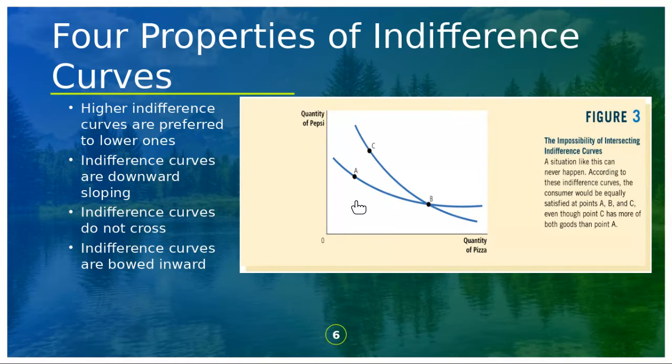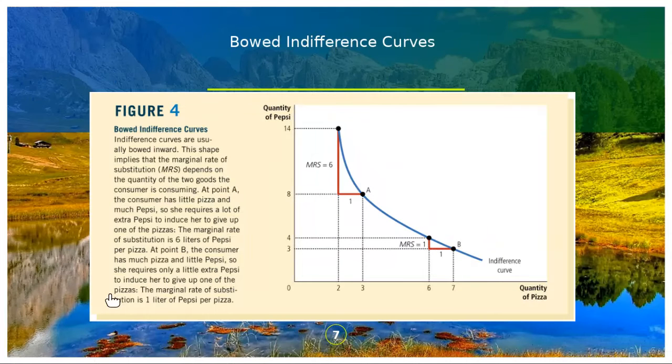The final aspect of this is that indifference curves are bowed inward, and that's a result of the marginal rate of substitution. And so as you'll see on the next slide, the bowed indifference curve is a result of the fact that the marginal rate of substitution decreases as the volume of the good on the x-axis increases.